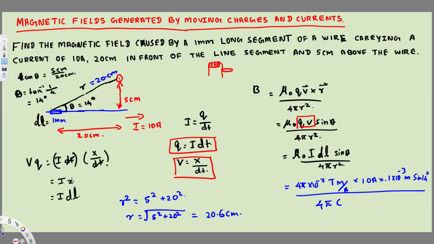This is in centimeter. Again, we have to convert this one into meter. So this is going to be 20.6 times 10 to the power of minus 2 meter. And if you plug all these values in a calculator and find the final answer, that's going to give you 5.7 times 10 to the power of minus 9 Tesla. And that's going to be the final answer.